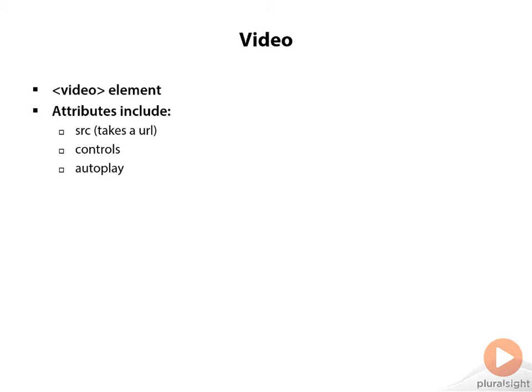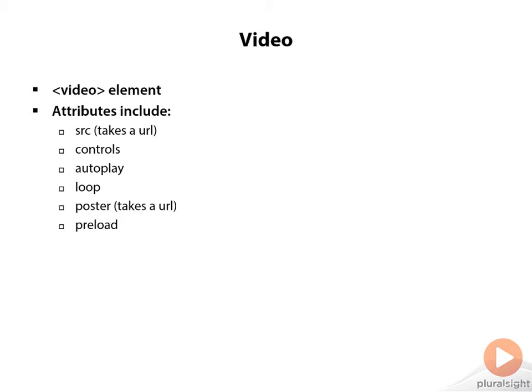Autoplay, which tells the page to begin playing the video as soon as it's loaded. Loop, which causes the video to play repeatedly. Poster, which takes an image, or more accurately a URL to an image, which is what is displayed until the video begins. And preload.